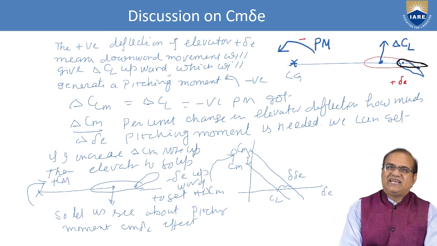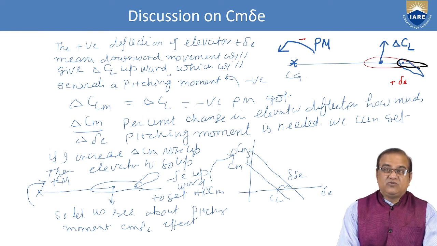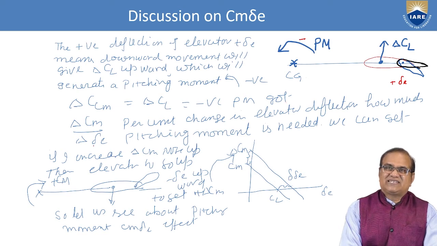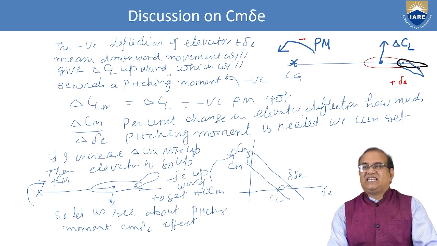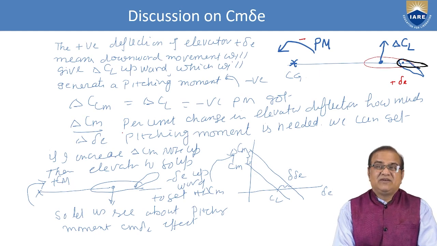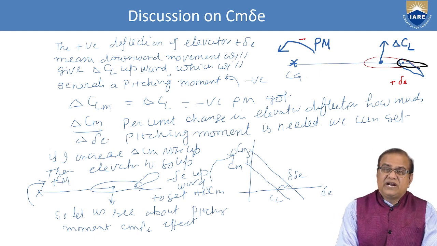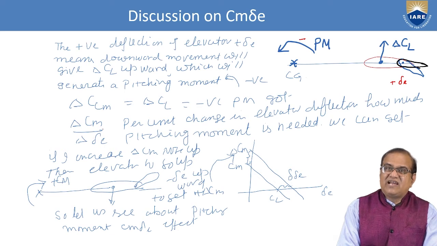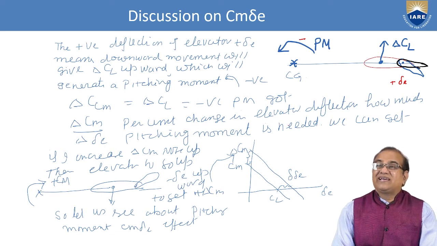It is a negative pitching moment. So here delta Cm due to delta CL is a negative pitching moment. So we got delta Cm by delta E, per unit change in elevator deflection. How much pitching moment is obtained? This is the meaning of Cm delta E: if you deflect the elevator by one unit, how much pitching moment you are getting.